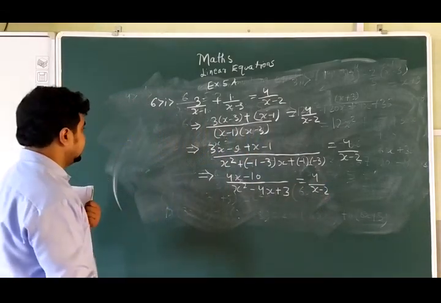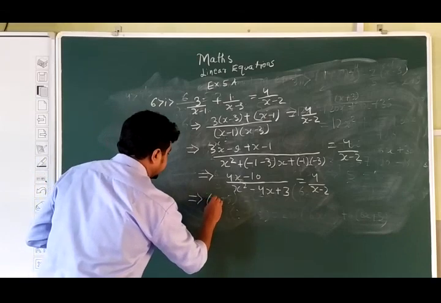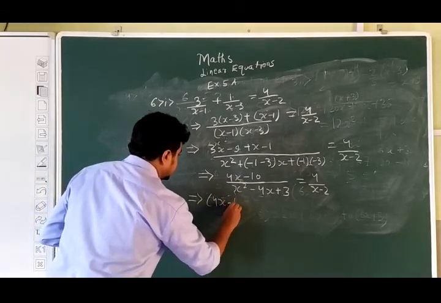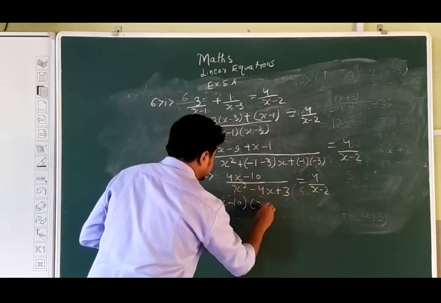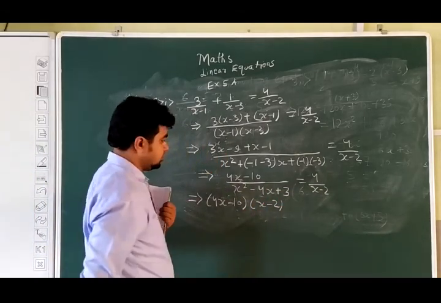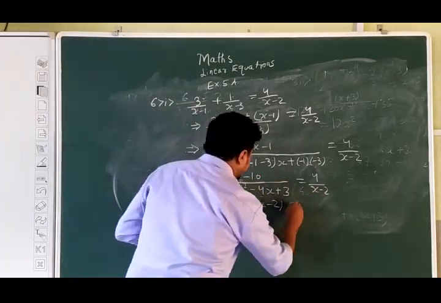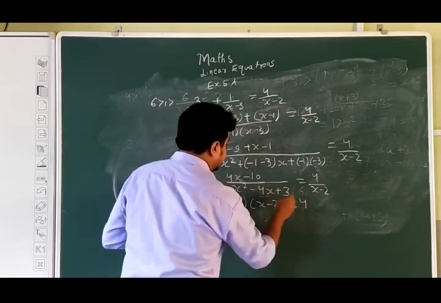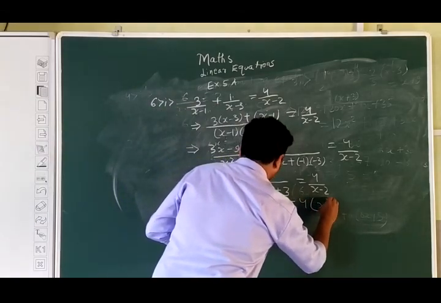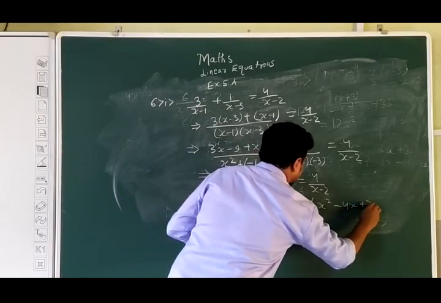Now we can write it as this 4x minus 10 into x minus 2. This x minus 2 will be multiplied with 4x minus 10, and this 4 will be multiplied with x square minus 4x plus 3.